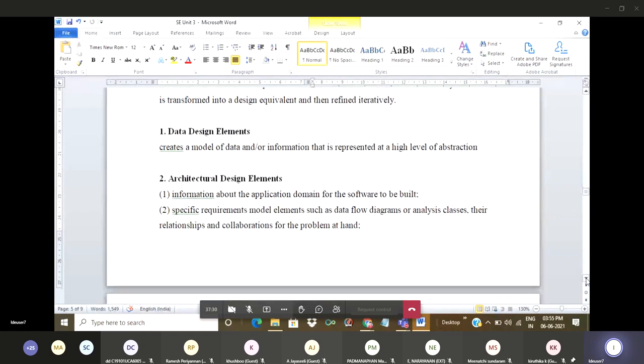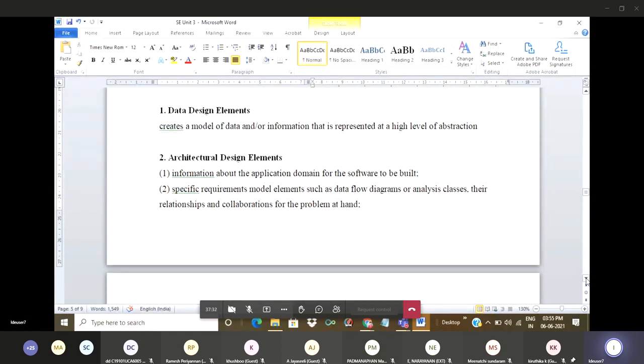The first is data design elements. Data design elements are used to create a model of data and or information that is represented at a high level of abstraction. Second is architectural design elements. So information about the application domain for the software to be built.